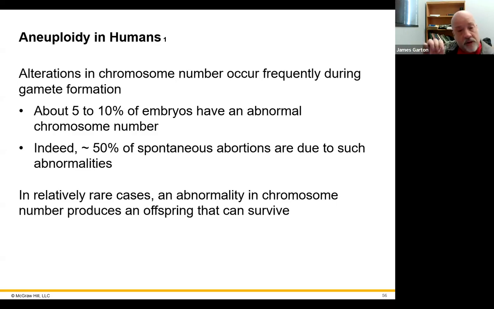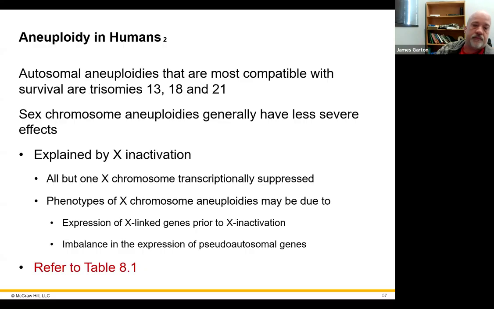Now, some of these aneuploidies are tolerable. The one that is most compatible is trisomy of chromosome 21. It causes Down syndrome.